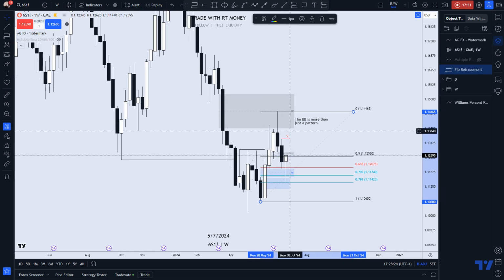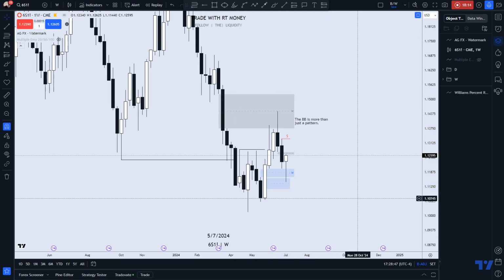We could see higher prices from here. You understand? That would mean that the Swiss is stronger than the US dollar. The US dollar weakened enough to where you can see the Swiss making some gains on it, which would be consistent with my outlook for the next week.